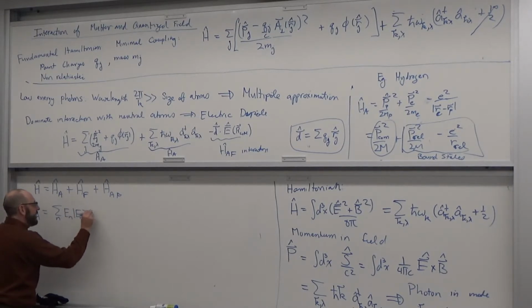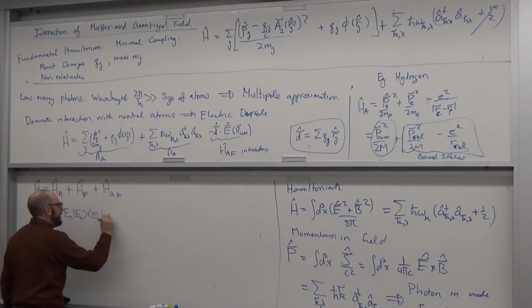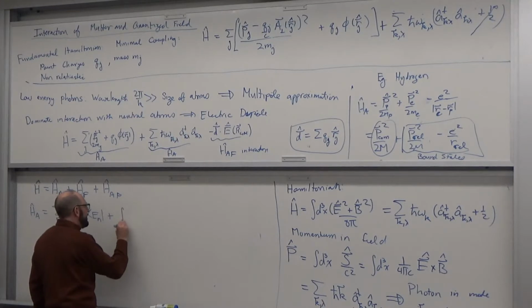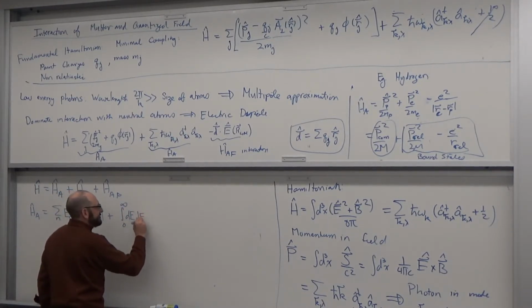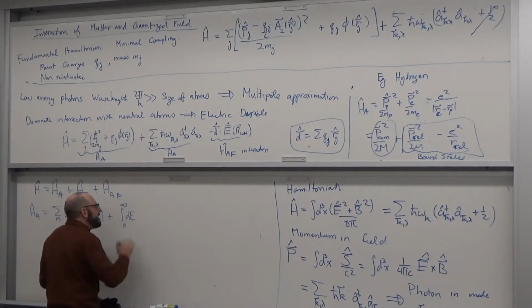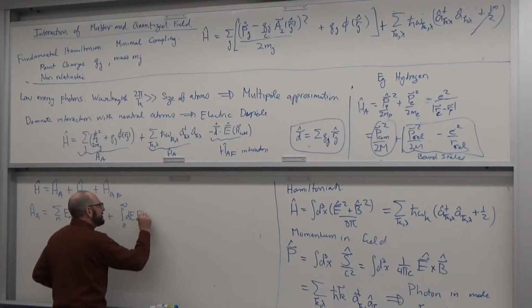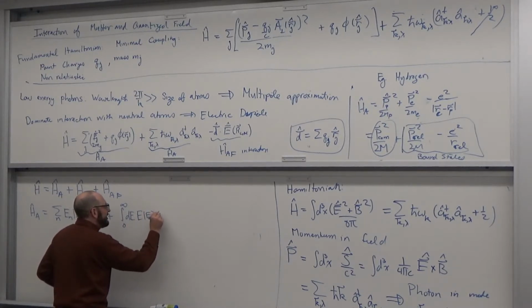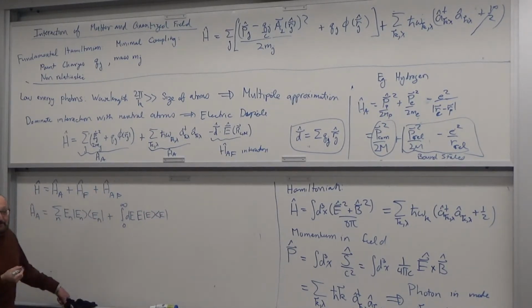There are bound states. And then there are the unbound states. That's just an energy diagonalization of the atom, right?